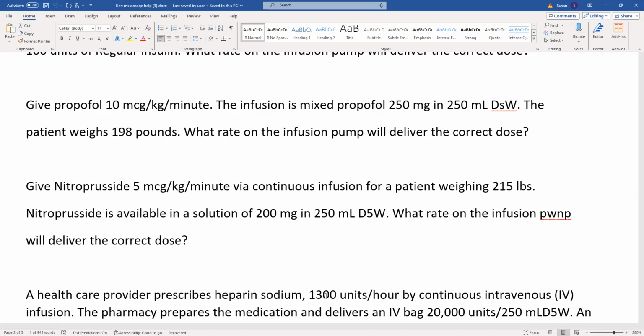All right, so we start with the weight. We're going to do the one that says propofol. So take out of this question your weight, which is 198, and it's in pounds. Your order, which is 10 micrograms per kilogram per minute. And what you have on hand is 250 milligrams per 250 mL.